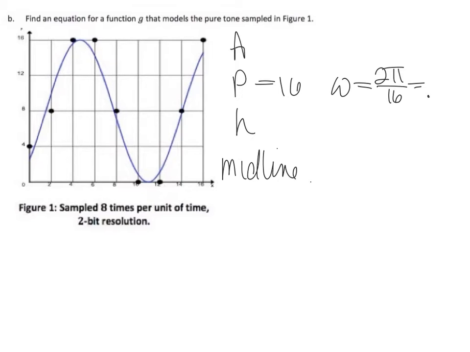This gives me a decimal of 0.39. For our phase shift, first we need our midline. It's hard to figure out the midline if you just try to average all these points. We look to be about 8, a little above 8. If I look at the 8 points and average them, I get 9.